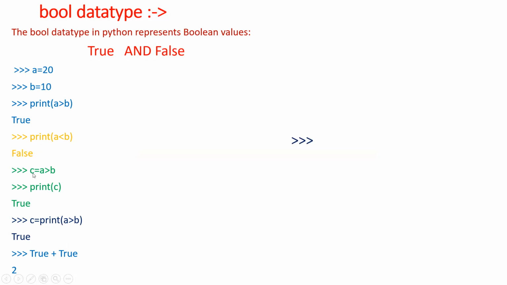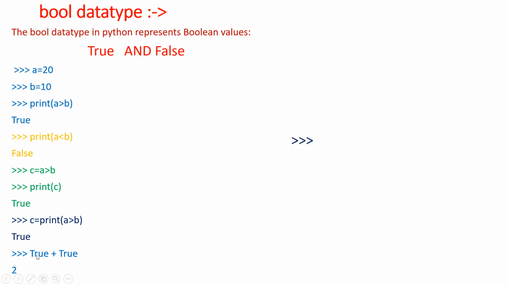A is greater than B, and as you pass c into the print, you get the content of c. There is a slight difference in both ways. Here you get the contents of c, which is True. But here, c equals print a greater than b, you are not printing c, but due to the print statement you get True. Got my point?